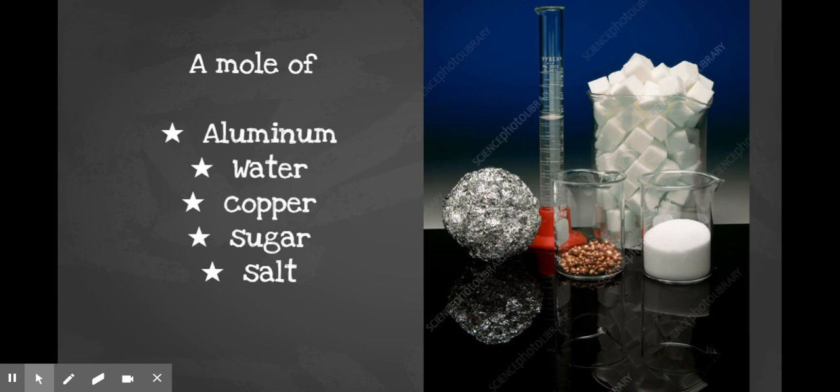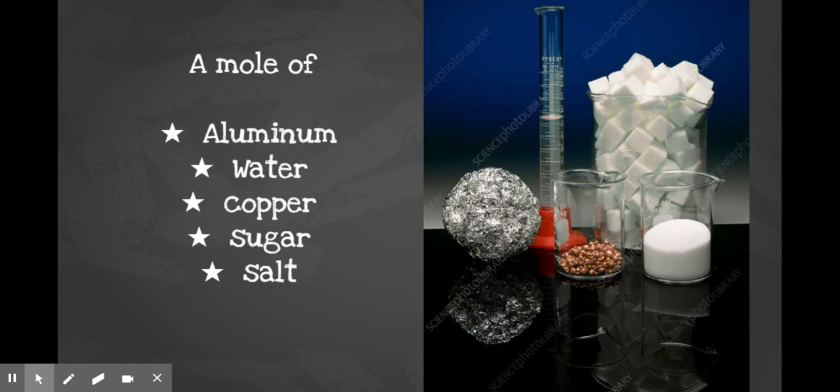There's a mole of copper in that beaker right in the center. A mole of sugar cubes in the back there, and then a mole of salt in that beaker on the right hand side. So just to give you a picture reference, those are the sizes of those different things of a mole.